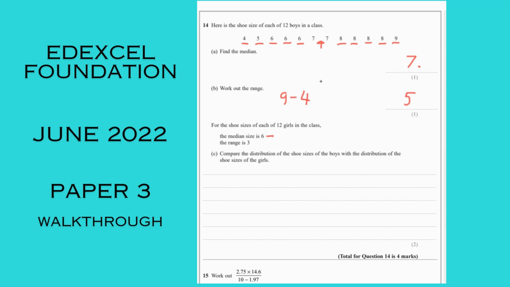So a sentence that says, on average, the boys' shoe size is greater than the girls' shoe size. And in the next sentence, the boys' range is greater than the girls' range. Any words you want that explain those are going to pick up the marks.